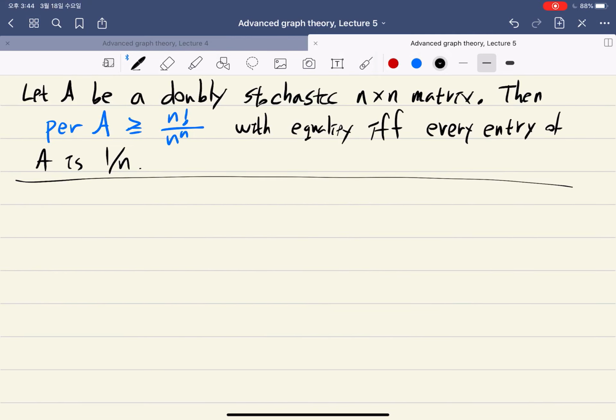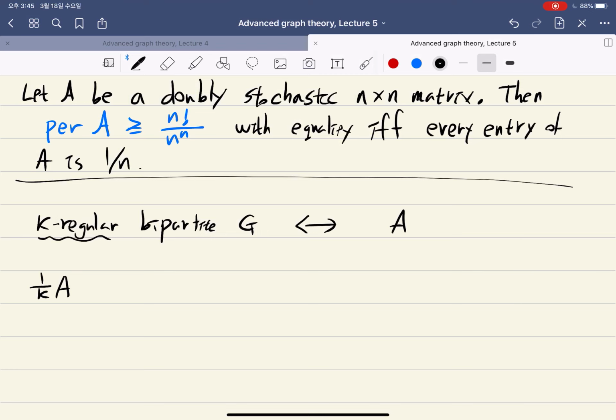Because if we have a k-regular bipartite graph, then it's immediate that this G is actually a balanced bipartite graph, because of the regularity of the degree. So you consider its biadjacency matrix A, and then you consider 1 over k times A. Because this is k-regular, every row sum and column sum is k.